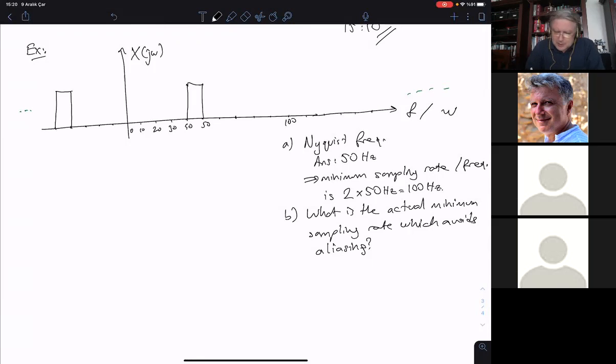Suppose that we choose a sampling frequency of 60 hertz. Okay, so the sampling frequency is 60 hertz here. This is the center. If I choose this one to be the center, I may go to the left and to the right by 1, 2, 3, 4, and 1, 2, 3, 4 to 5 here.